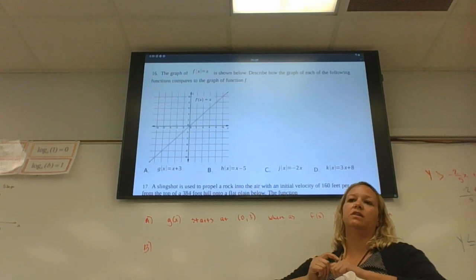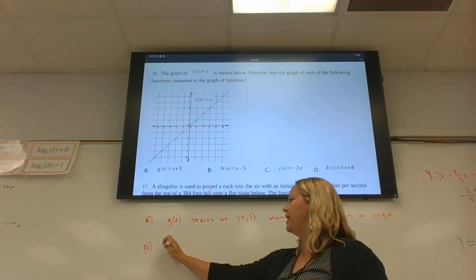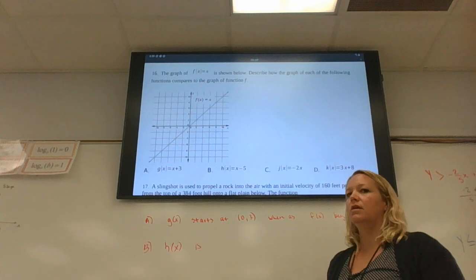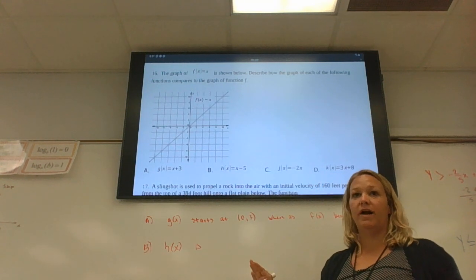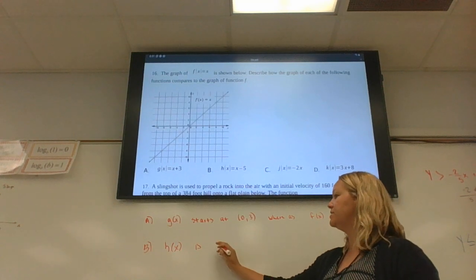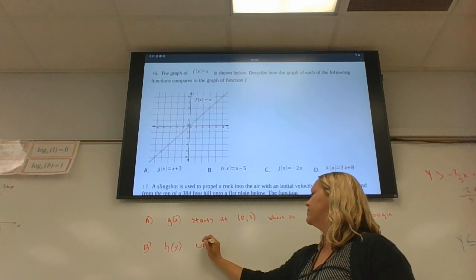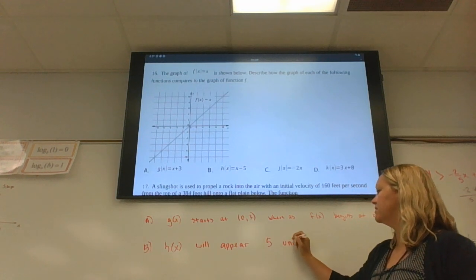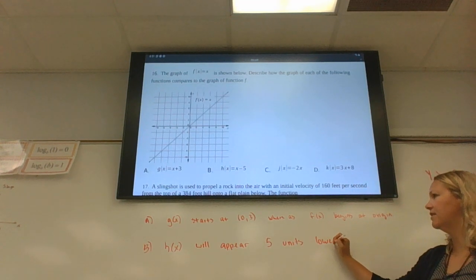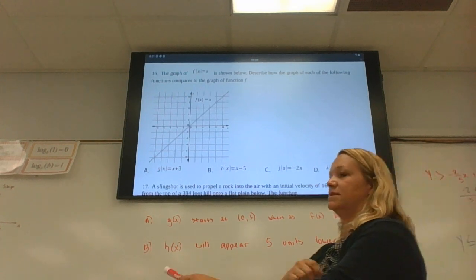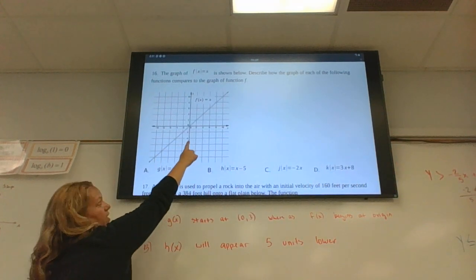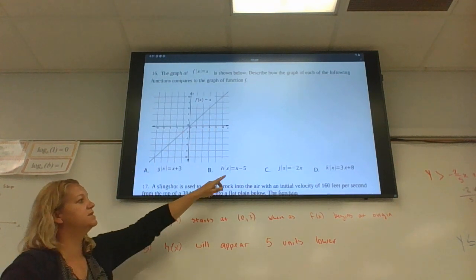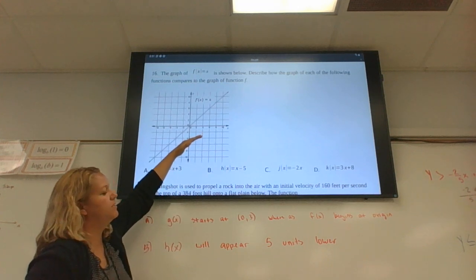Let's word it different than I worded letter A. Well, first of all, I could say the y-intercept's different. I could also say h of x will appear 5 units lower, because h of x has the same slope, but it would start here. And so it would be parallel. They would be parallel because they have the same slope, but it's going to be 5 units lower.